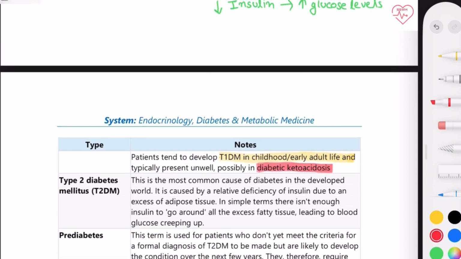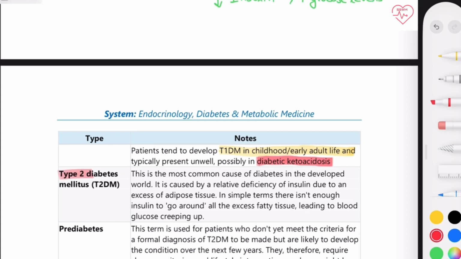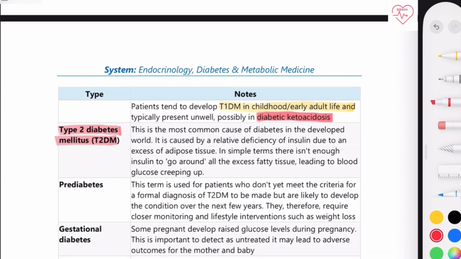Now we'll be discussing type 2 diabetes mellitus, that is T2DM. This is the most common cause of diabetes in the developed world. There will be a relative deficiency of insulin, due to an excess of adipose tissue.